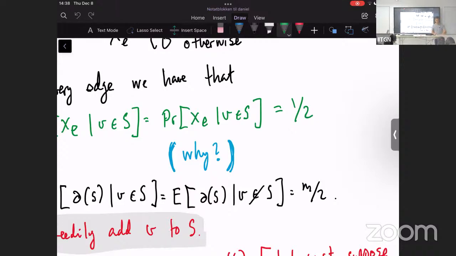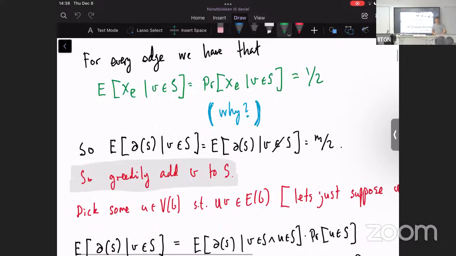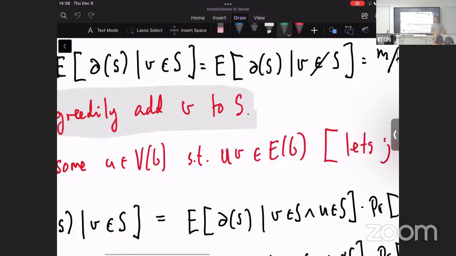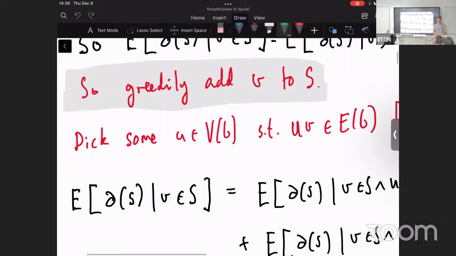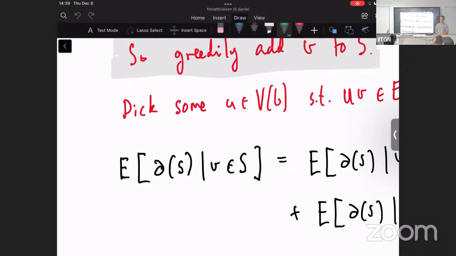Okay, now that we put V into S, let's assume that there is at least one edge, UV, such that V is an endpoint of that edge. Let's pick some vertex U, which is a neighbor of V. And let's do the same exercise for U, but now conditioning both on the fact that V is in S, because we decided that V was going to be in S, and on the two options for what could happen to U. So we are now trying to figure out the expectation of the size of the cut given that V is in S, which we know is m/2.